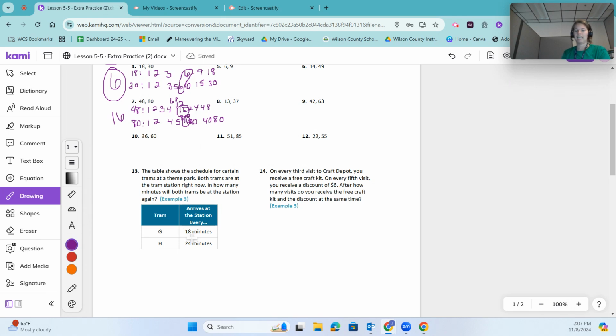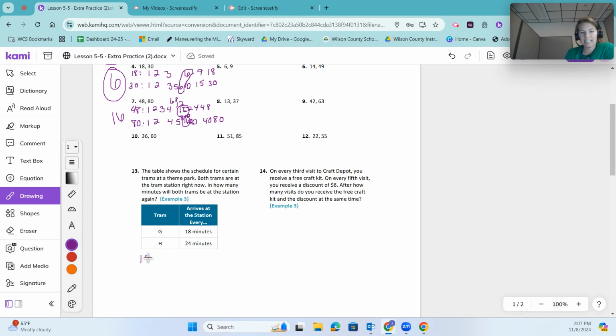This one, it wouldn't make sense that they would be at the station in fewer minutes than what they're currently at, which means we're going to need a number that 18 goes into evenly. So we're looking at multiples this time.